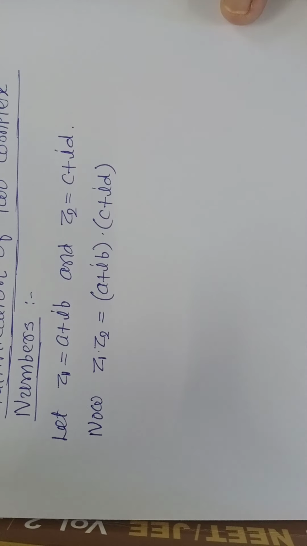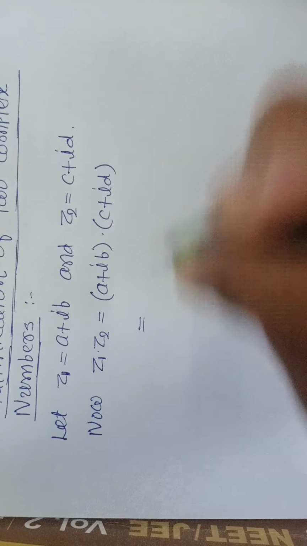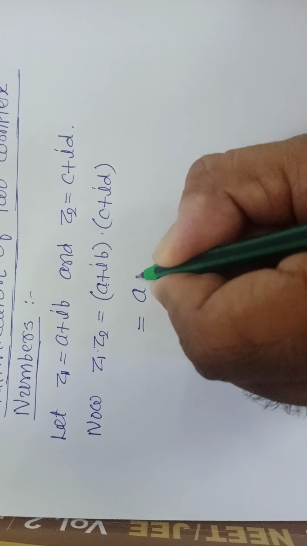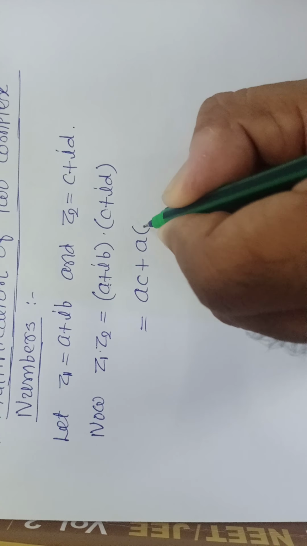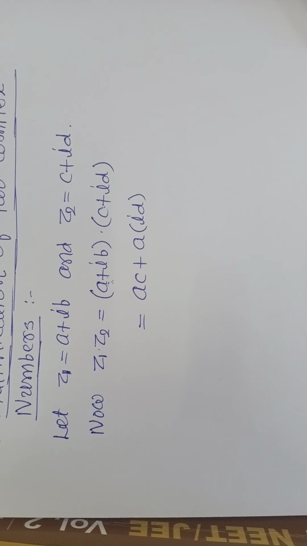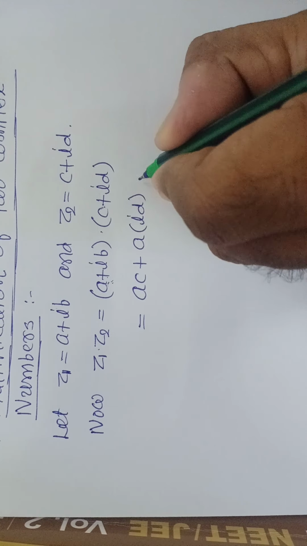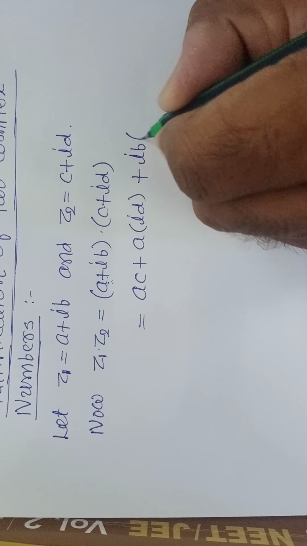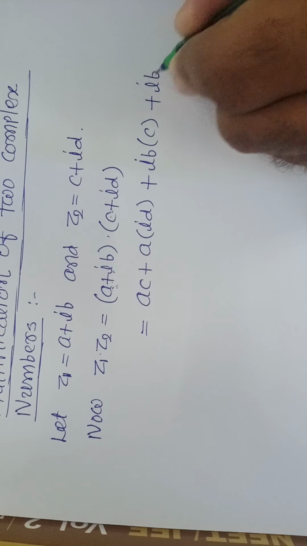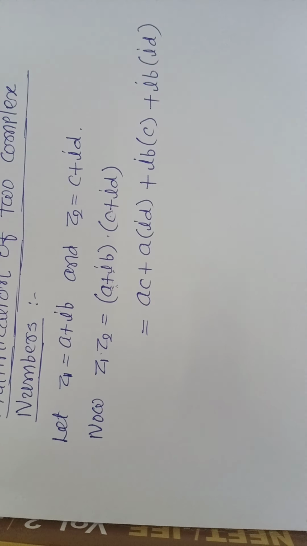Let us see the multiplication. So first of all this a is multiplied here. See, this a into c plus a into id, right? ac plus a into id. After that plus ib into c and plus ib into id.